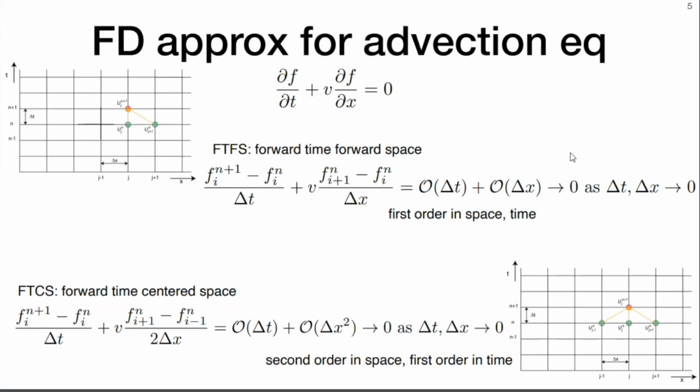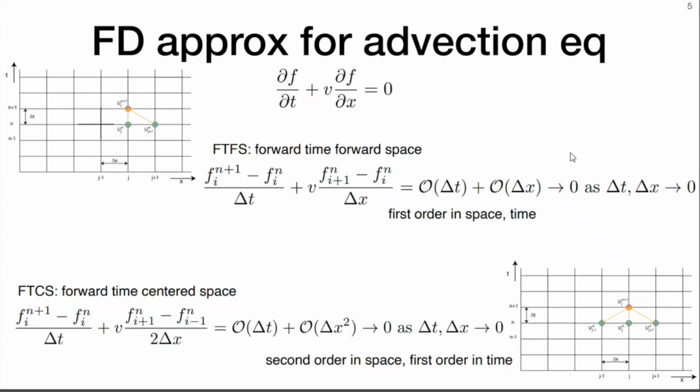This is x, and the y-axis is t. This is i comma n. This point is the present value of f. So this is f_i^{n+1}, the n plus 1 point at the same location. This is f_i^n, and f_{i+1}^n again. So this is this point.